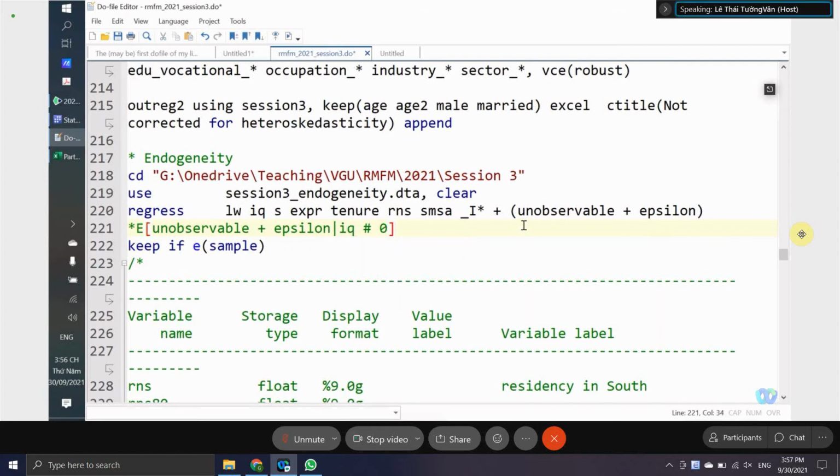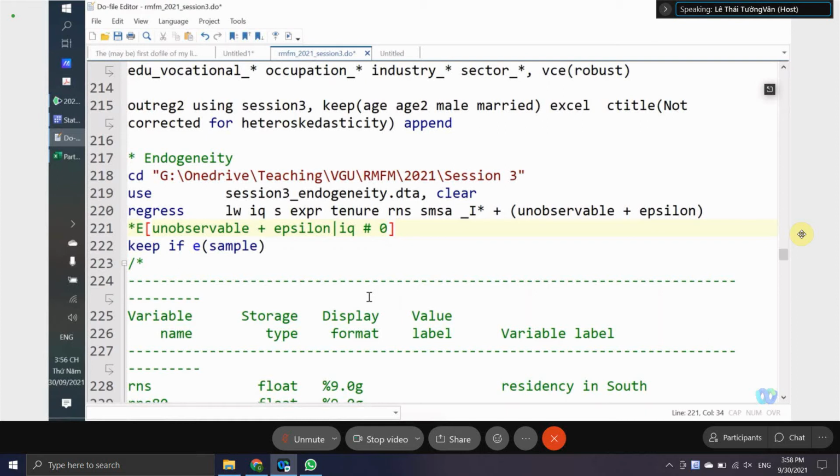If you have higher IQ, I may doubt that you are a very smart person. And if you are a smart person, you will know how to play the game, and you will earn high anyhow. So on average, given your education and your residence area, if I know that you have a very high IQ, I will probably also know that you have high income.